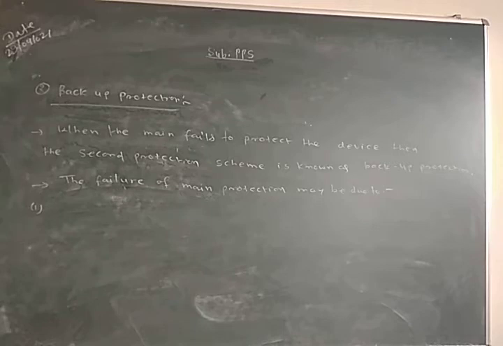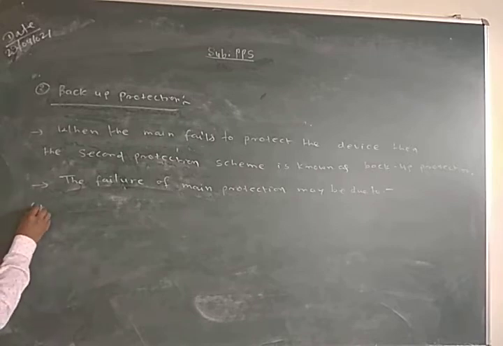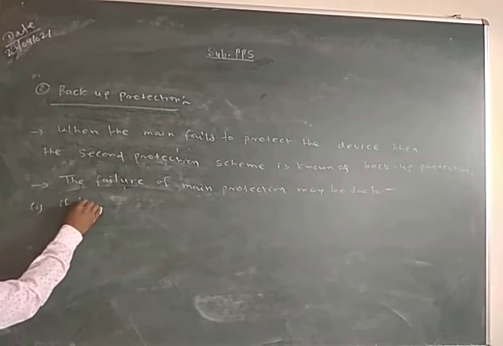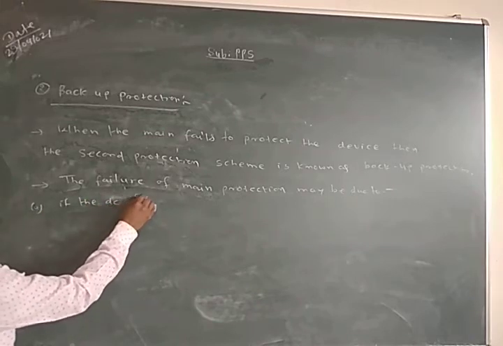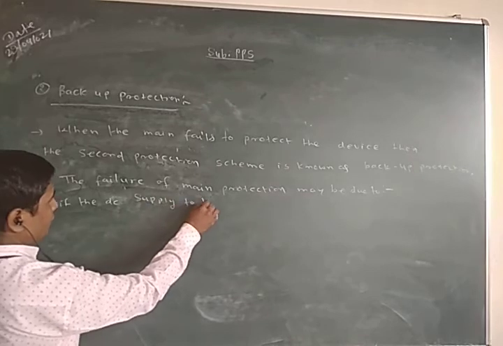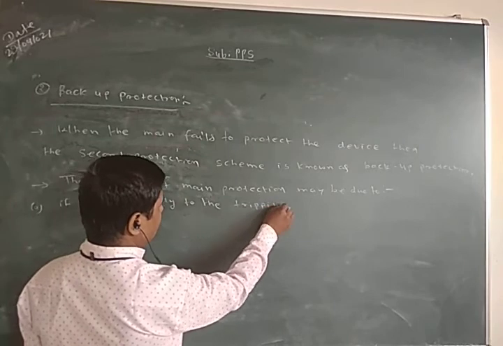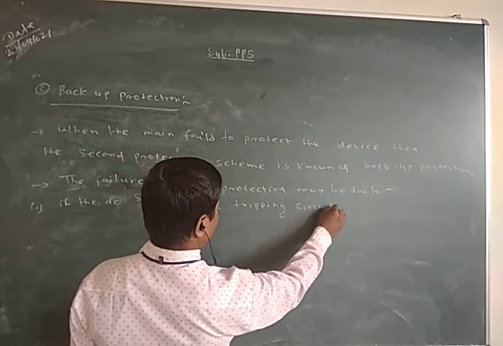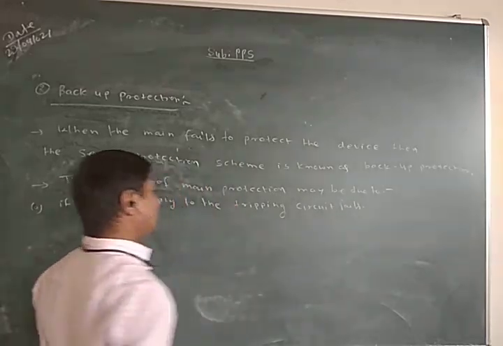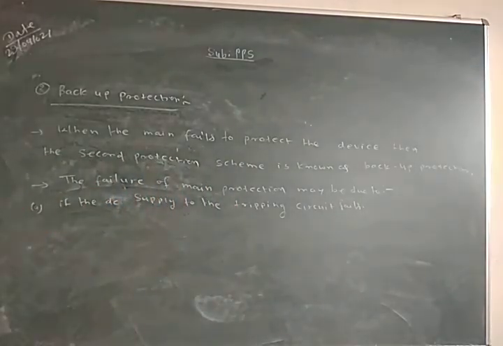So the reasons are: first, if the DC supply to the tripping circuit fails. Means that circuit which protects the device, if the supply of that circuit fails, then our main protection will fail.